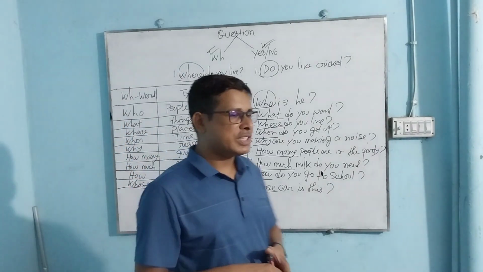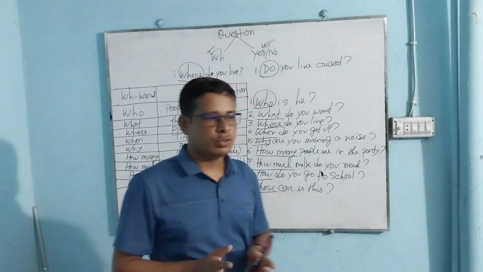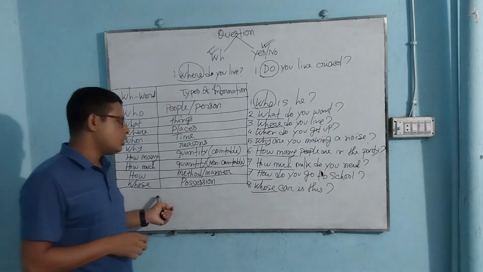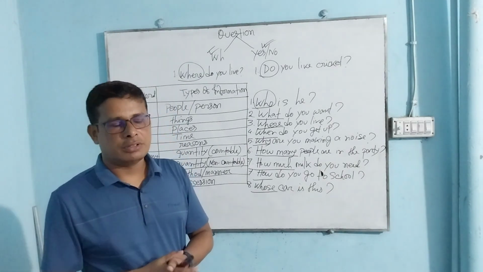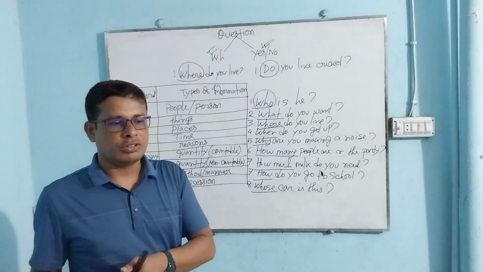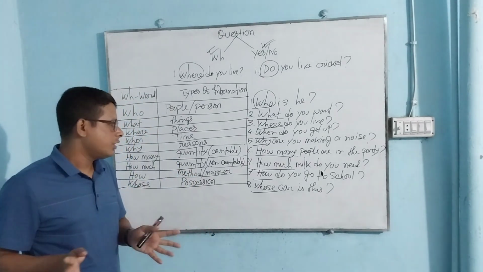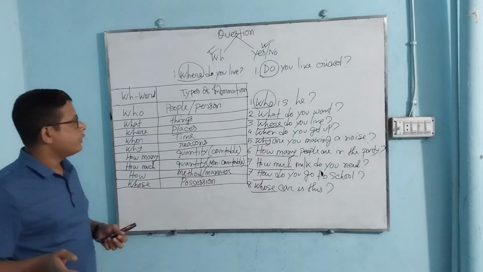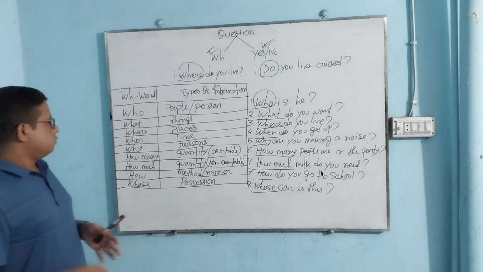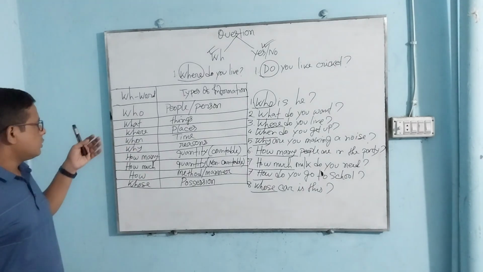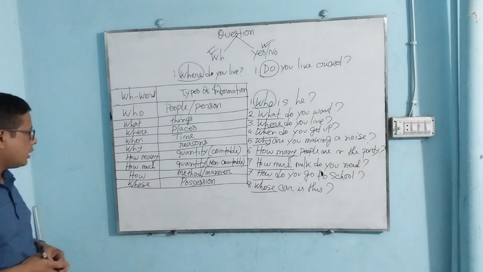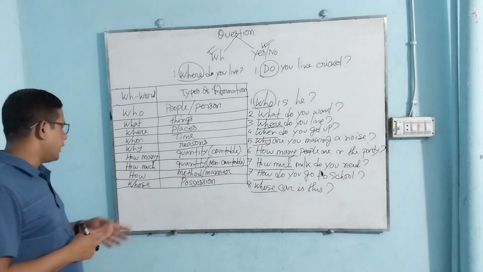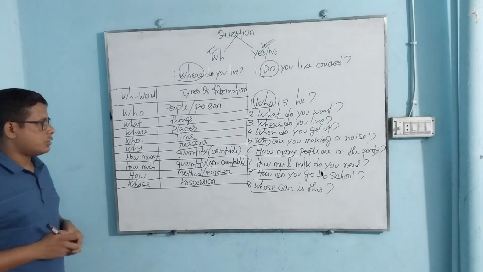Here the possession of this car is Rahim. So whose is normally used to give information about possession over any items or things, and so on. So, dear students, we have learned about who, what, where, when, why, how many, how much, how and whose. Okay.